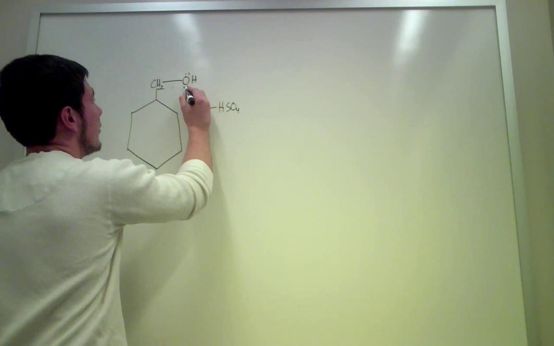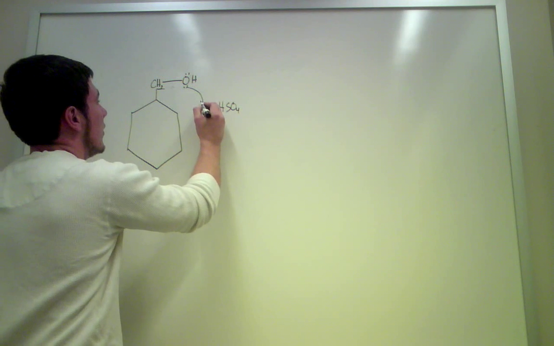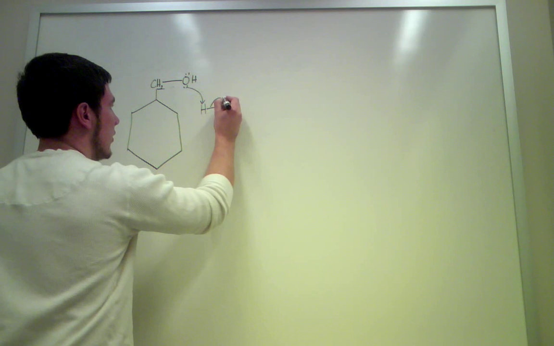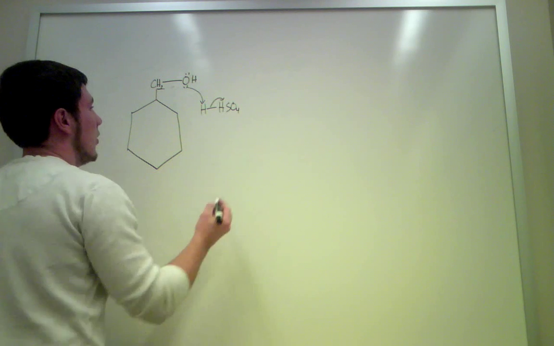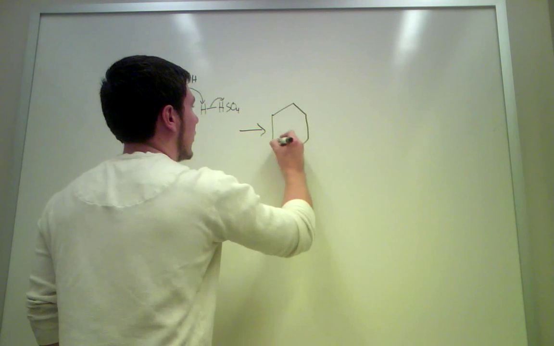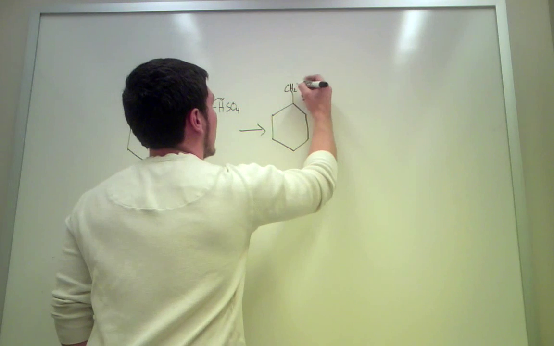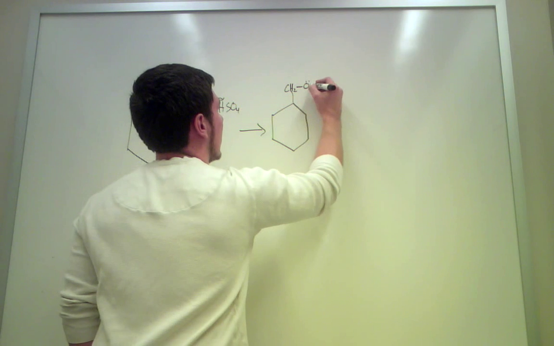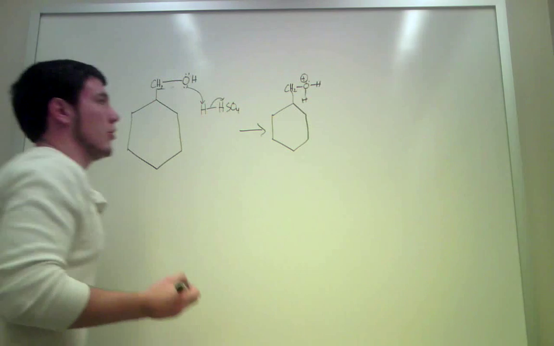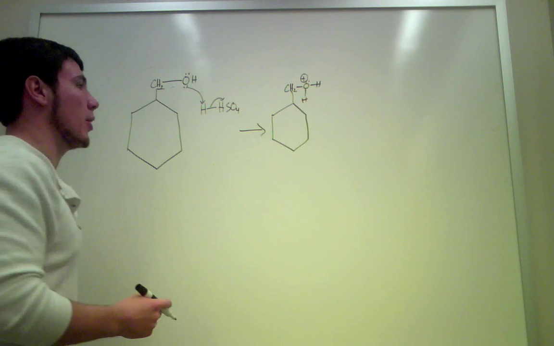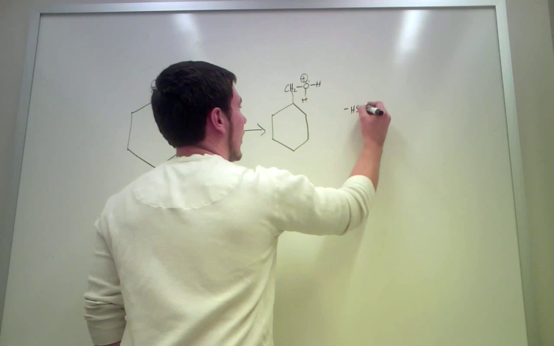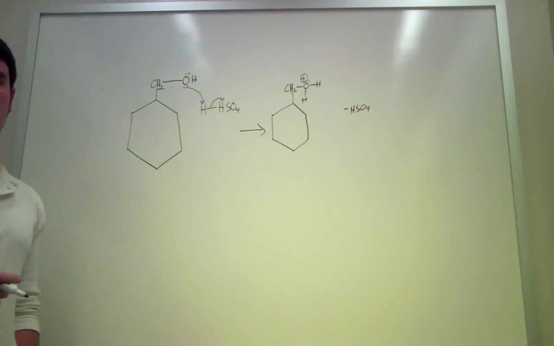We are going to have this hydroxide, this base, deprotonate this acid, and then we are going to be left with a positively charged oxygen on this water molecule here, along with a negative HSO4.